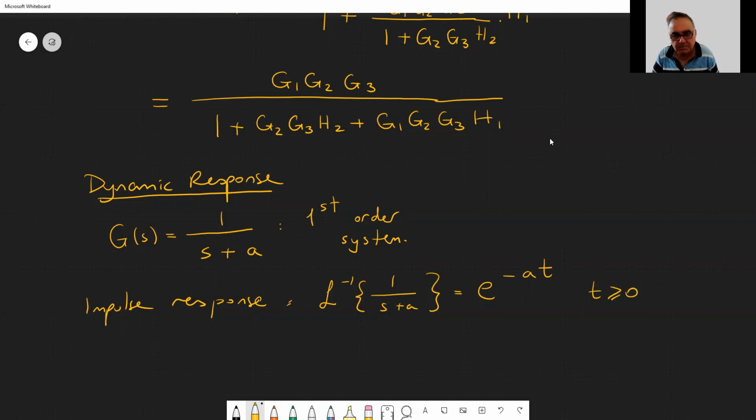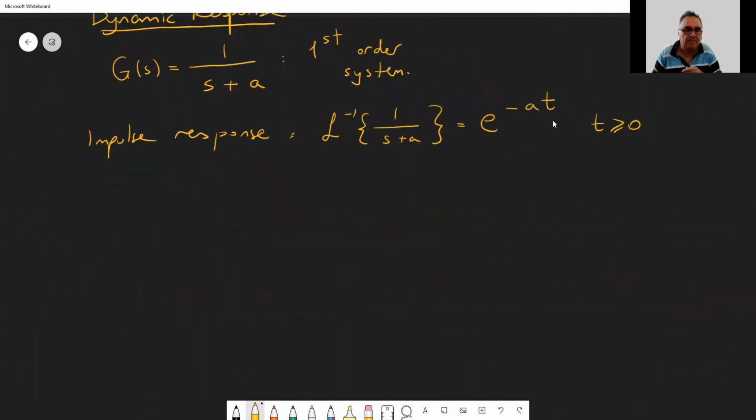So if A is greater than 0, we have e to the minus AT, which stays a stable response. Whereas if A is less than 0, we have an unstable response.